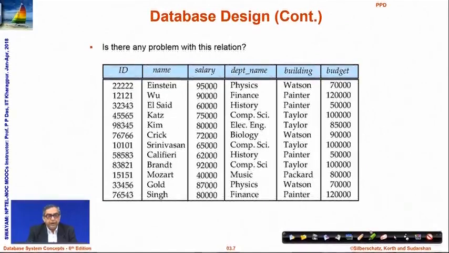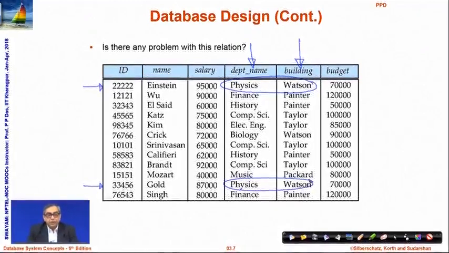For example, we have introduced the department name and the building in which the department is housed. There are multiple instructors, let us say Professor Einstein, who teaches in the physics department that is housed in the Watson building. And there is Professor Gold, who also teaches in the physics department, and naturally that is housed in the Watson building.